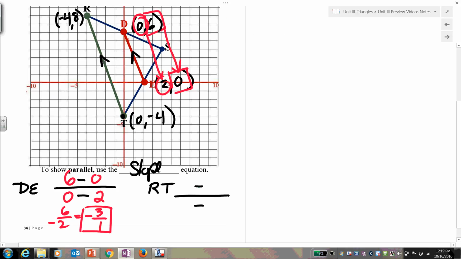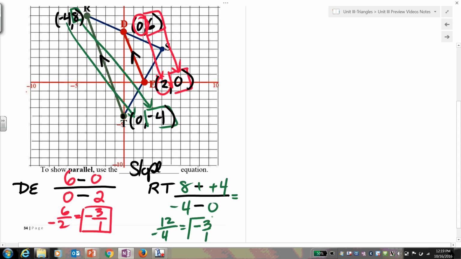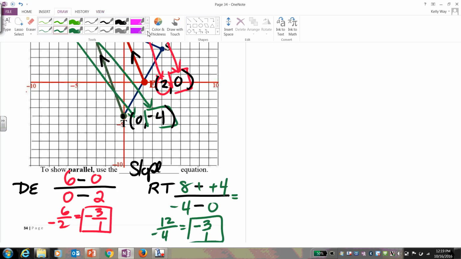Now we're going to find the slope of RT. Box the y's. I'm going to go this direction. This direction again. Double negative makes a positive. There we go. If you look very carefully, the slopes are exactly the same.